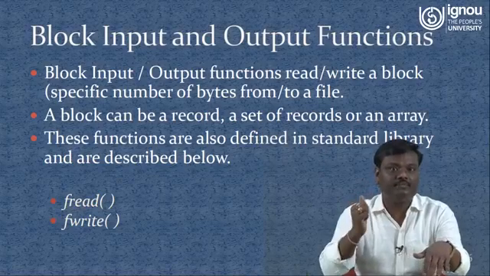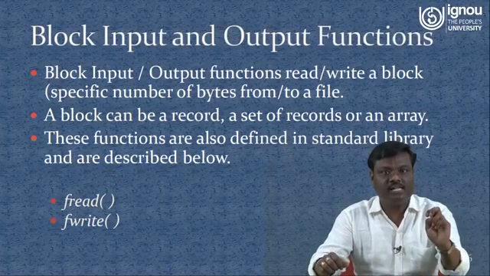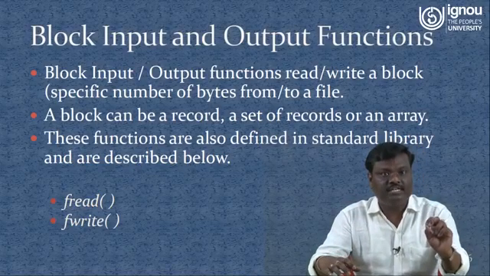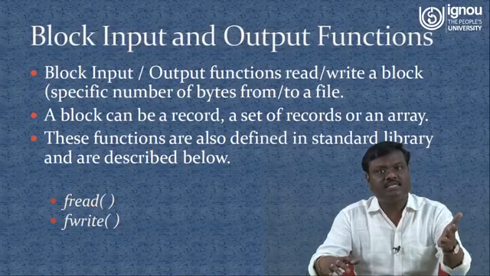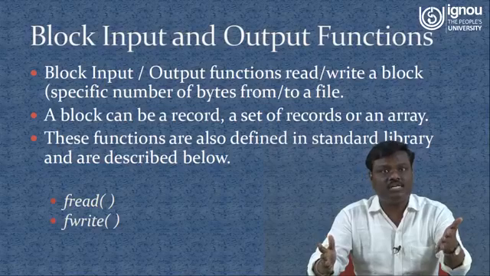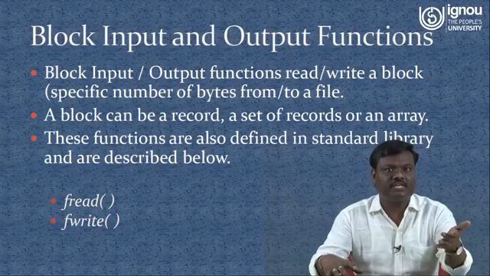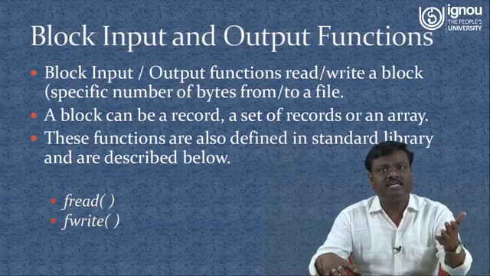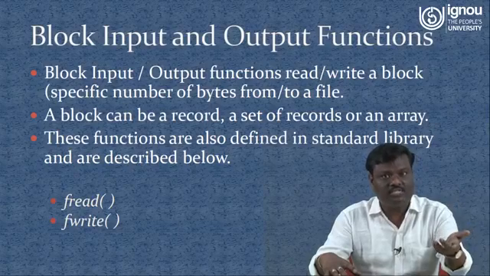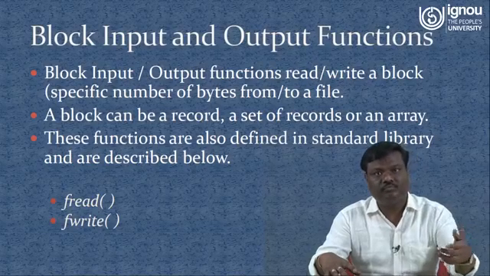So how to read them? There are 2 functions available, that is fread and fwrite. A block can be a record or even a set of records, or an array, whatever the case may be. That is up to you. You can call a simple record a block or a set of records a block. That is up to the user.